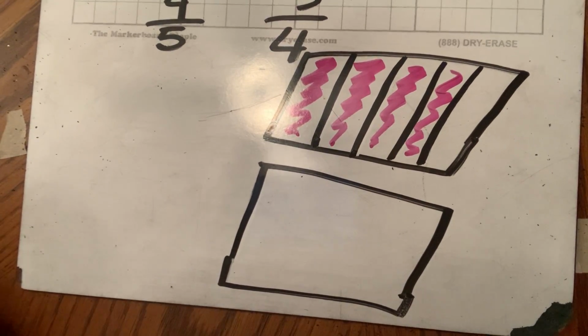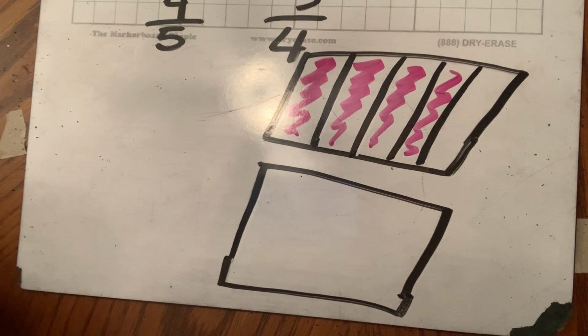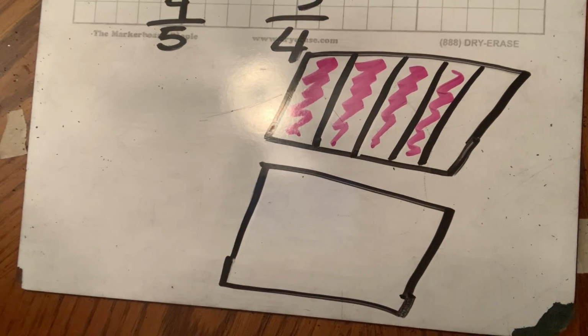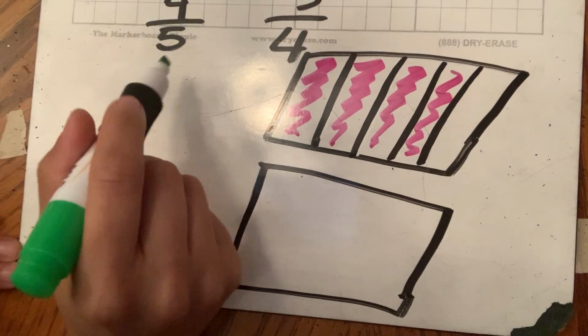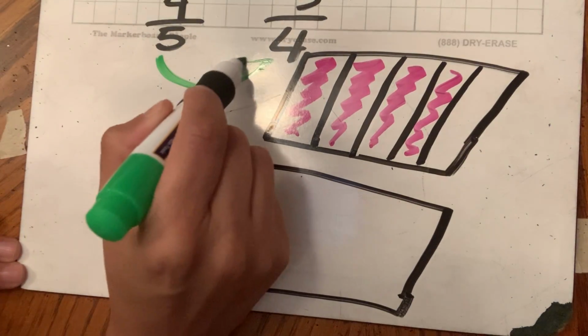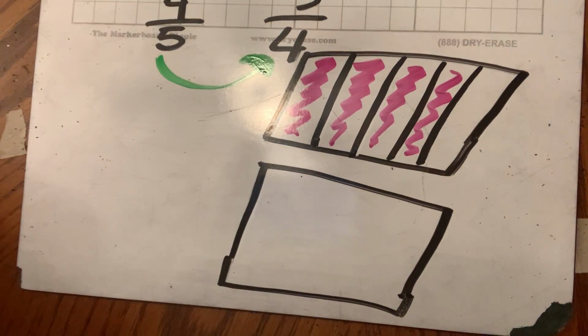Now, how am I going to decompose it? Well, remember I told you, look at the denominator from the other fraction. So if I look here, looks like I'm going to decompose it into what? Decompose it by 4ths, right? Agree or disagree?